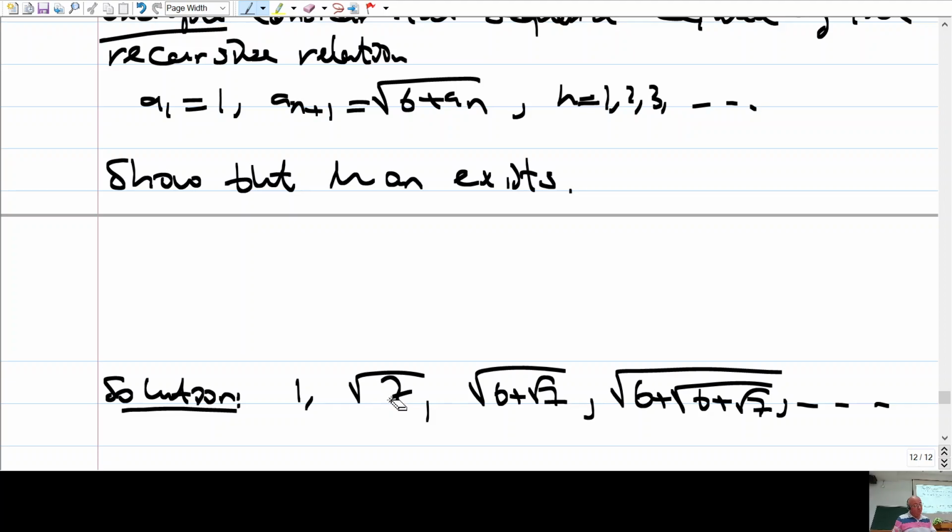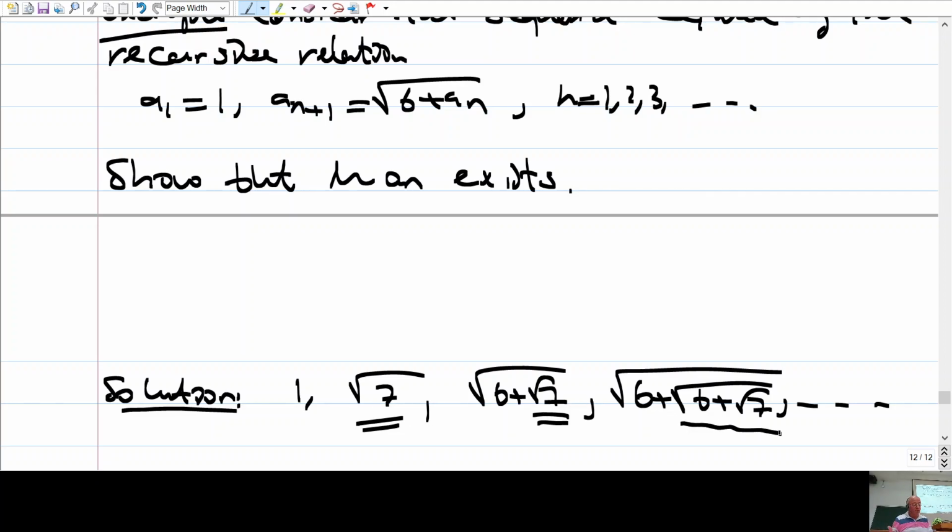Clearly, this sequence is increasing, right? Because square root of 7 is larger than 1, so 6 plus this is larger than 7. So this is larger than this one.